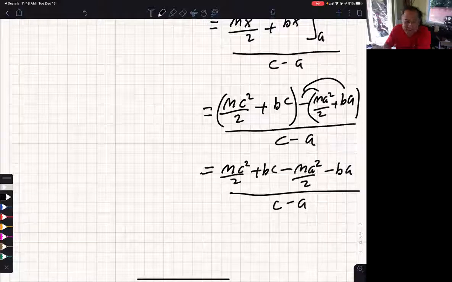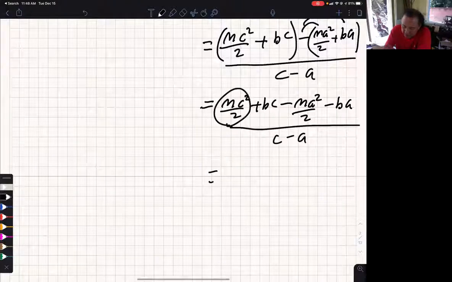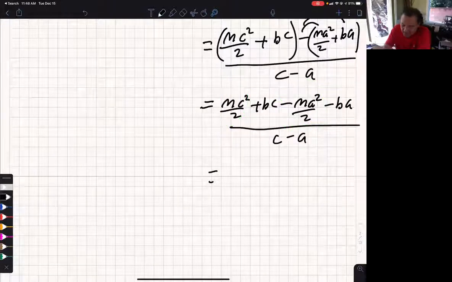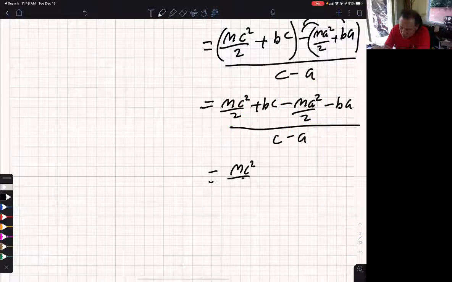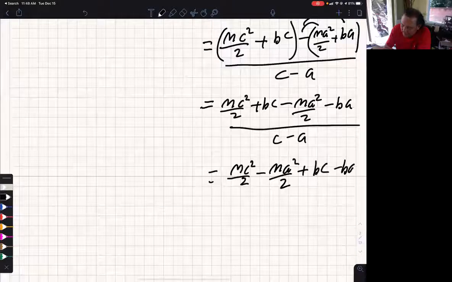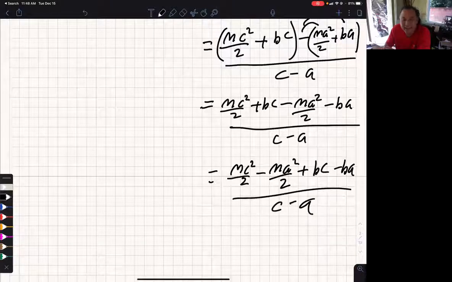This is crazy. I'm going to keep going. More algebra. These look like they should be friends. So I'm going to move them together and let them hang out. So I'm going to get mc squared over 2 minus ma squared over 2. And then I'm left with bc minus ba all over C minus A. Crazy.